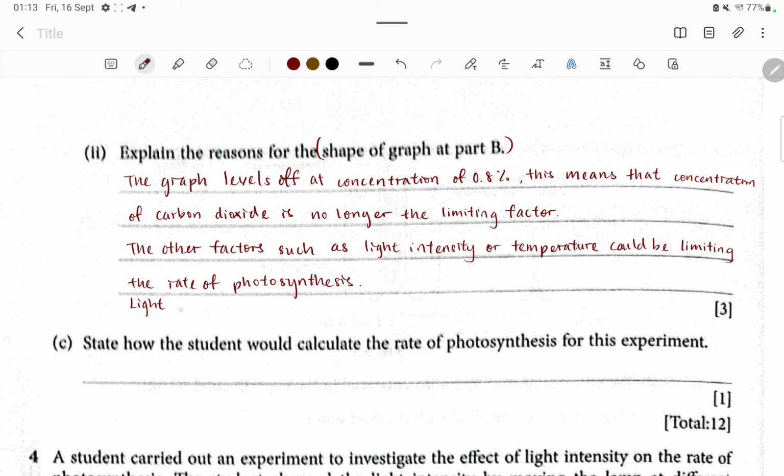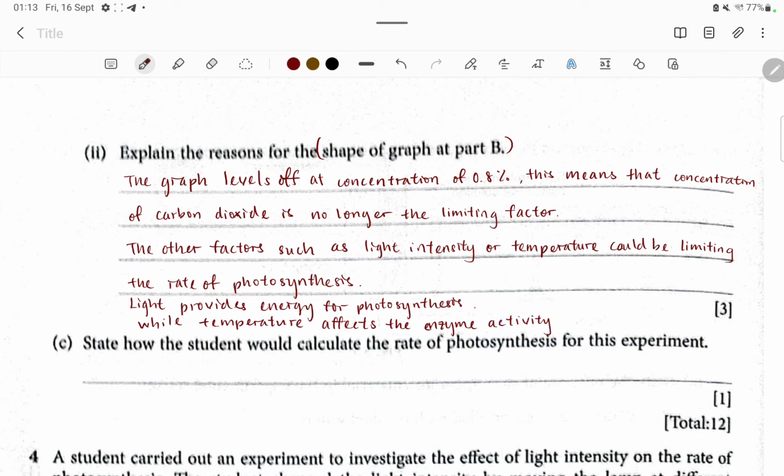Light provides energy for photosynthesis, while temperature affects the enzyme activity for photosynthesis.